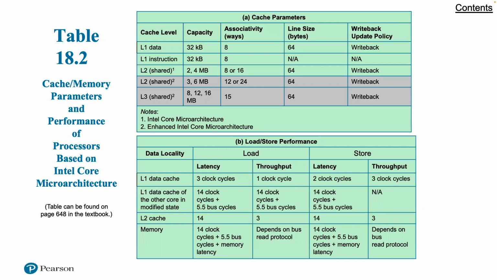Table 18.2 shows some of the parameters and performance characteristics of the cache architecture. All of the caches use a write-back update policy. When an instruction reads data from a memory location, the processor looks for the cache line that contains this data in the caches and main memory in the following order: 1, L1 data cache of the initiating core; 2, L1 data cache of the other cores and L2 cache; and 3, system memory.